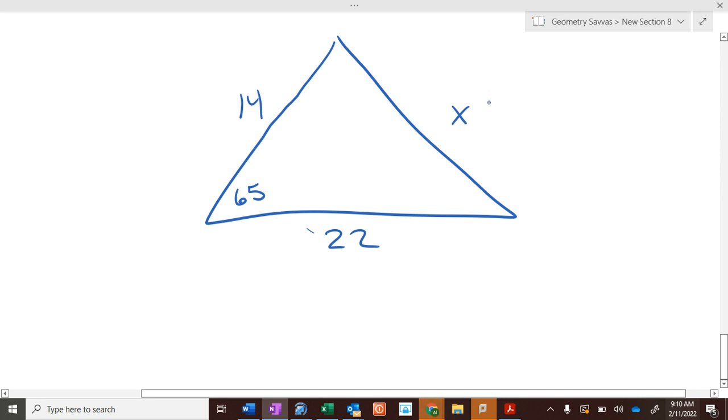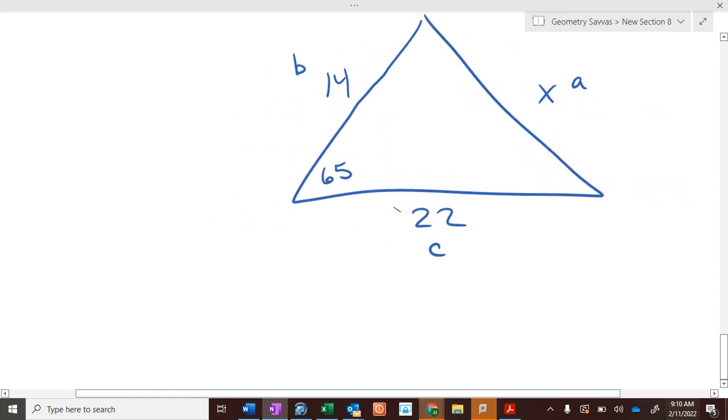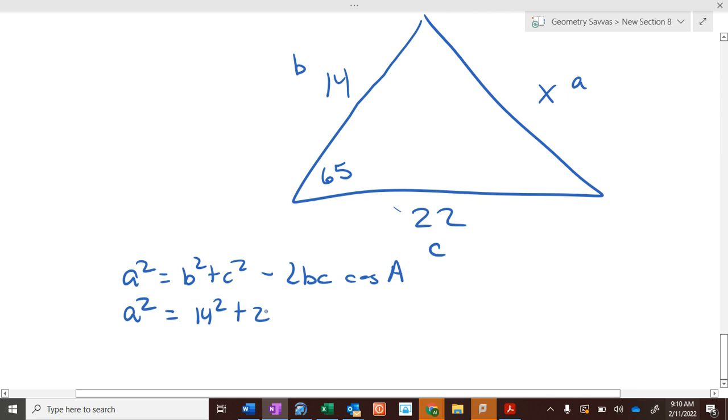So if we make this A, and this B, and this C, then we go A squared equals B squared plus C squared minus 2BC cosine of A. So A squared equals 14 squared plus 22 squared minus 2 times 14 times 22 cosine of 65.